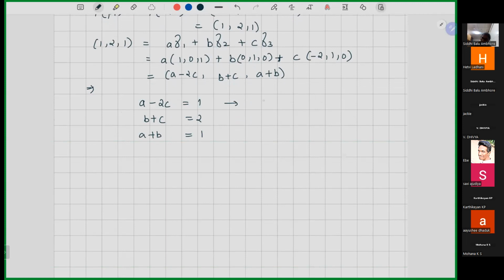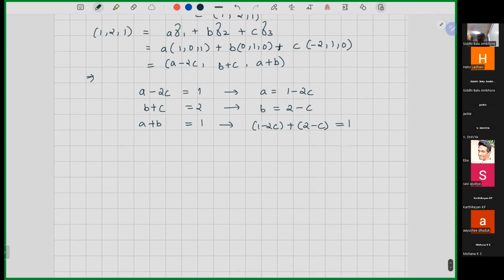So from here I get A to be 1 minus 2C. From here I get B to be 2 minus C, right? And from here, if I substitute this A and B, then 1 minus 2C plus 2 minus C, I get this to be 1. When I compare, I get minus 3C is equal to... or am I making some mistakes?